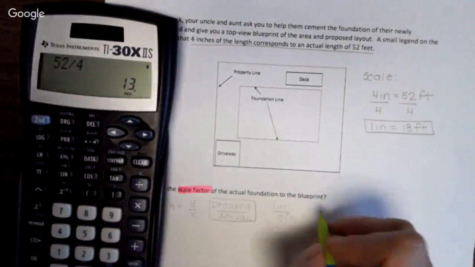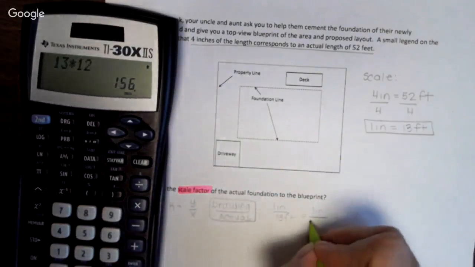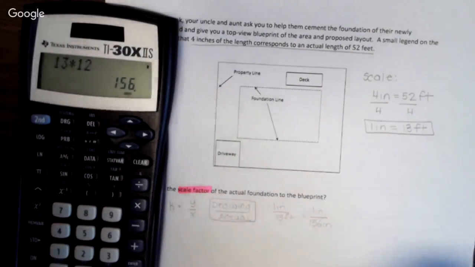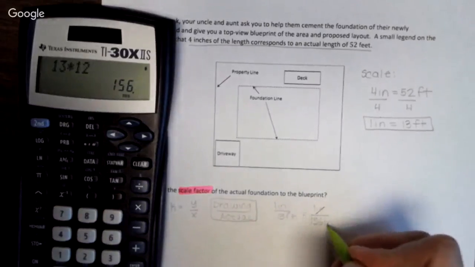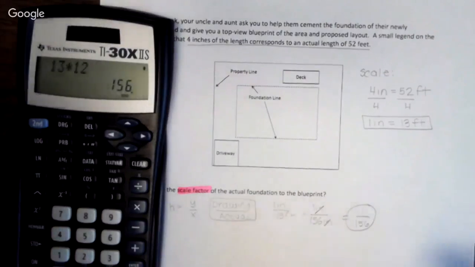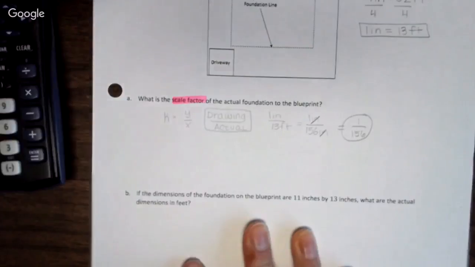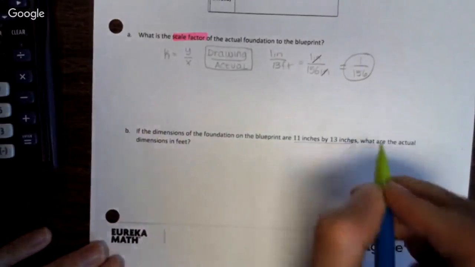I'm going to change that to inches. So 1 inch stays. 13 times 12 is 156 inches. They're the same units, so cancel them out, and you're left with 1 over 156. That's your scale factor.